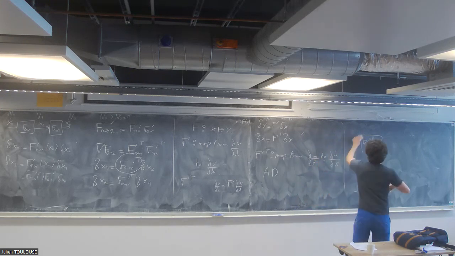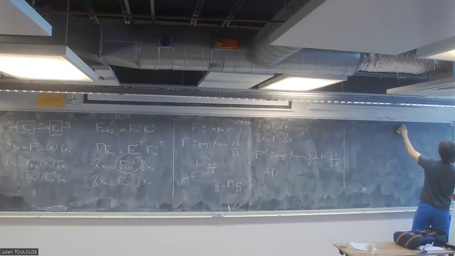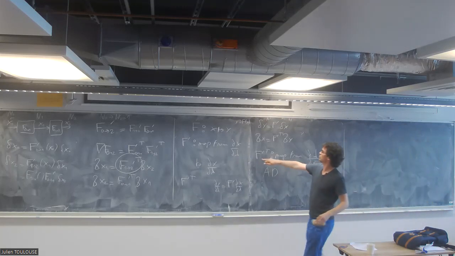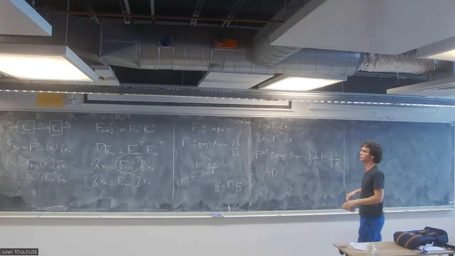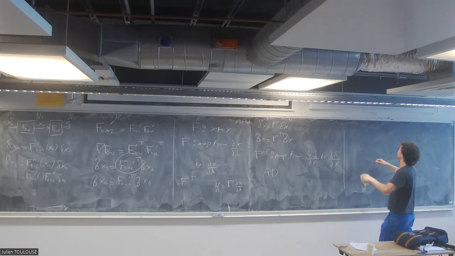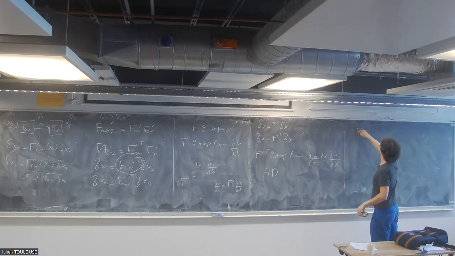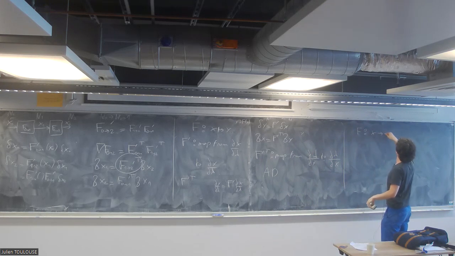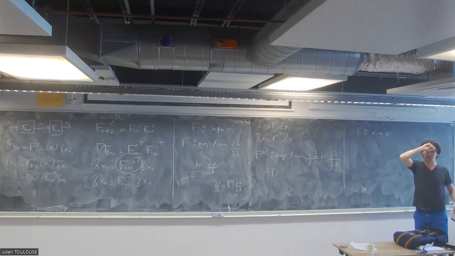One nice relation that helps in computing this, because computing this adjoint is not very easy: if you have f going from x to y, how do you compute this f prime? It can be tricky for elementary functions.